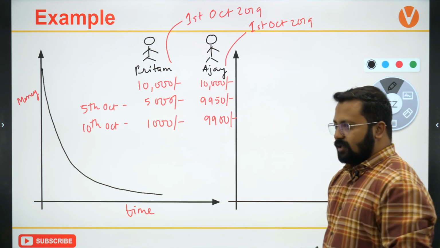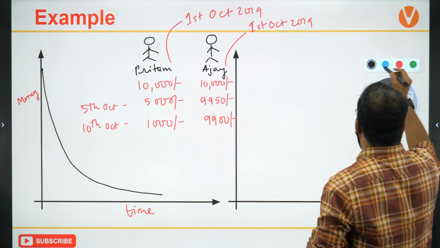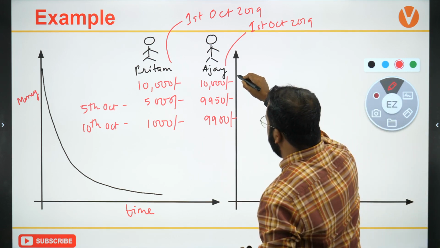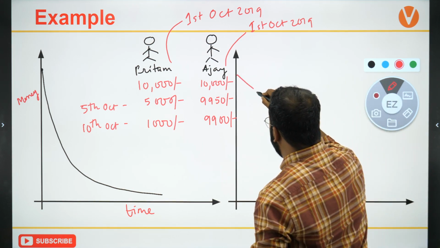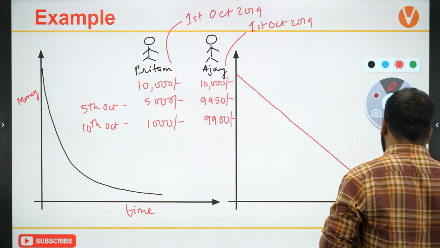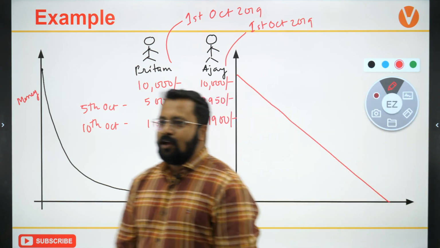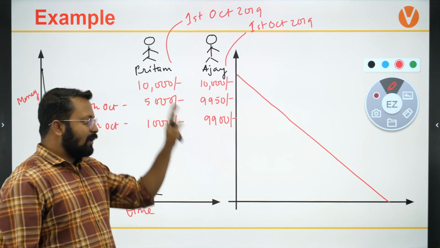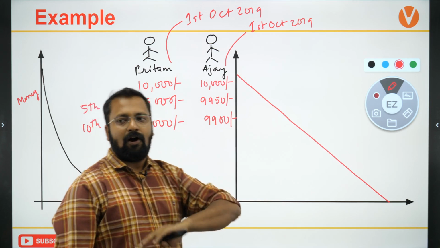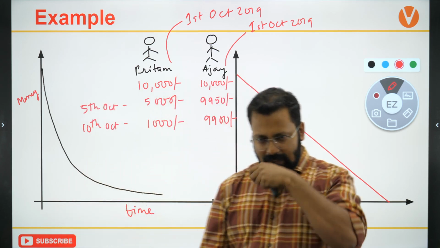What about Ajay? How is Ajay spending money? Ajay is spending money in a uniform fashion, and it will go like this. Can I say, Ajay will be spending it like a smooth decrease of uniform slope.